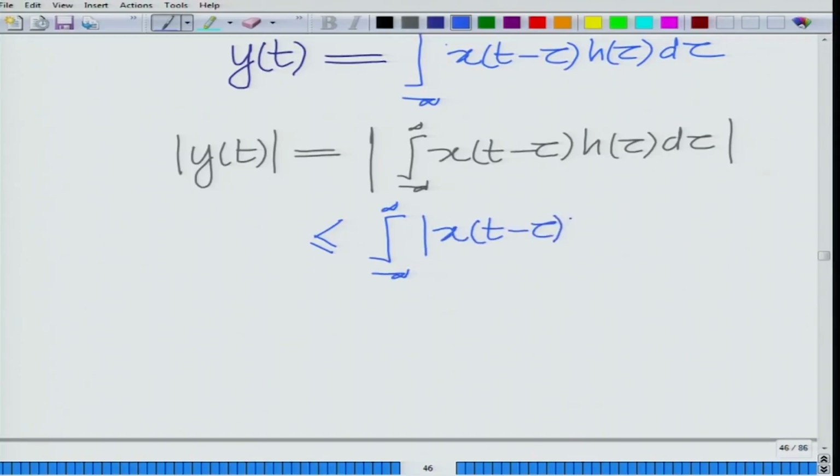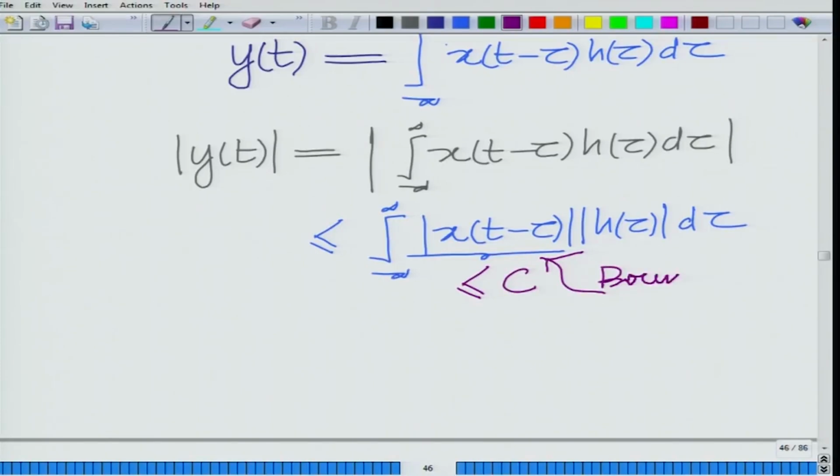So this is less than or equal to the integral of magnitude x t minus tau times magnitude h tau d tau. But magnitude x t minus tau is less than or equal to c, because this follows from the bounded input property.